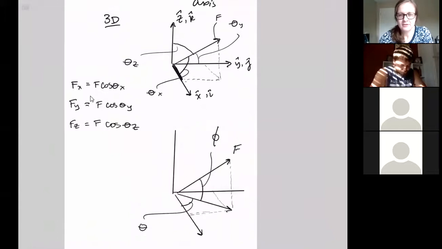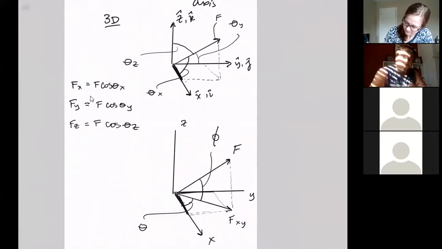So you have your original force, then you have a force that's on the plane XY, and then you can identify it in its components.